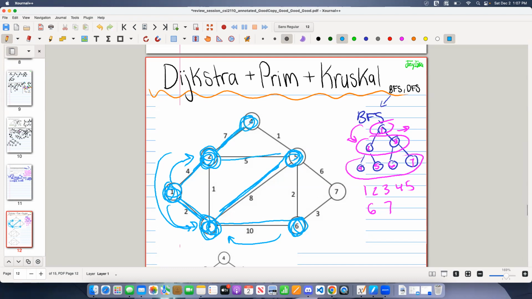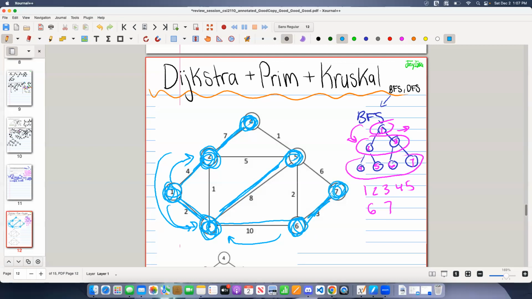Could 2 have taken this node? No, because it would create a cycle. Exactly. Okay, so we're done with 2, and then we go back. We go to 6 because that's the first thing that we covered with 4, which is covered. Sorry, but 6, can 6 take any nodes and not make a cycle? Yes, exactly. 7. There we go.